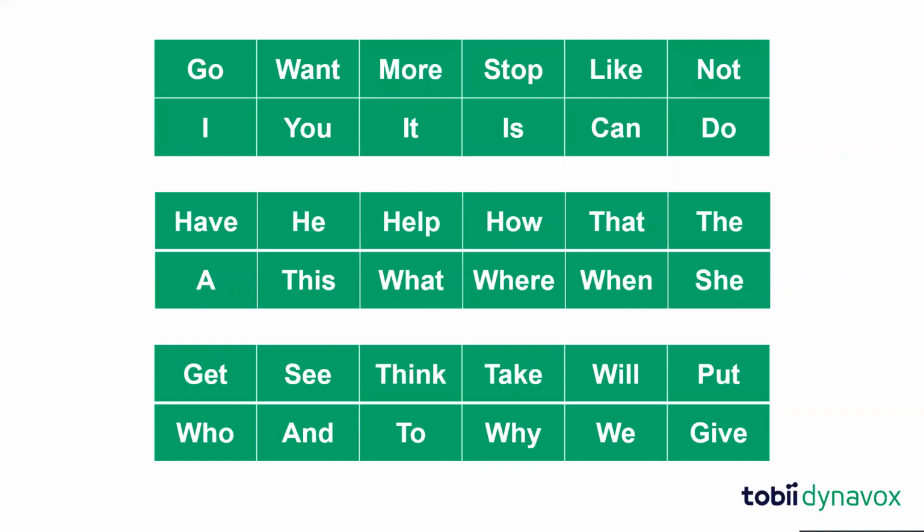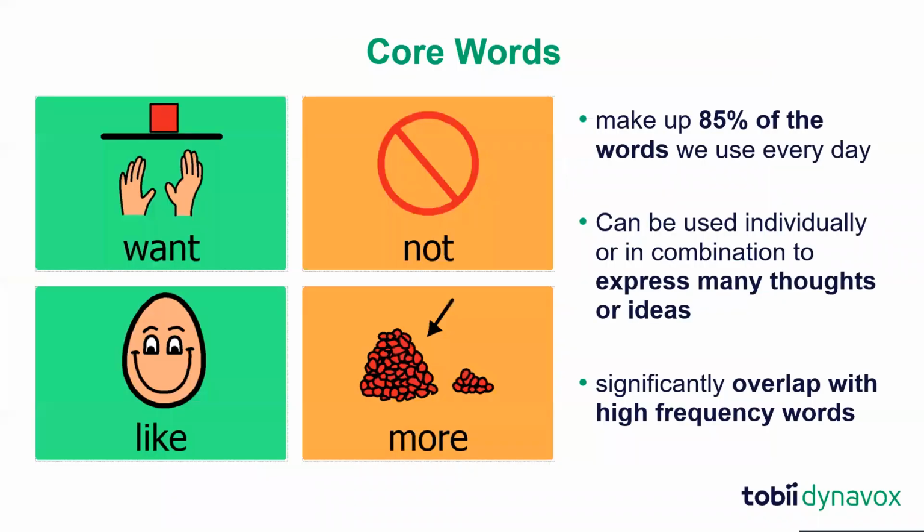And we focus on these 36 core words because they were defined by Project Core, a research project run by the Center for Literacy and Disability Studies. They took a lot of time looking at words that are used 85% of the time. Let me rephrase that: 85% of what we say is made up of core words.